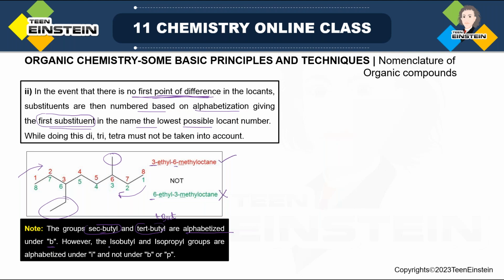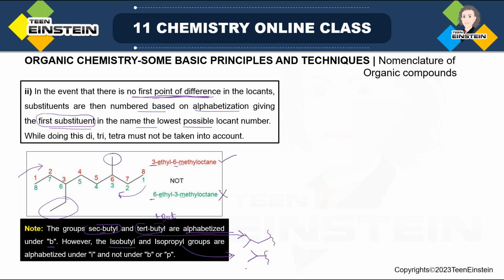When it is isobutyl, suppose instead of writing sec butyl, you are writing isobutyl. Isobutyl is like this. Total 4 carbons, obviously, because it is butyl. 1, 2, 3, 4. So this is the connection point. If it is attached with the main chain in this way, this is isobutyl. And isopropyl is total 3 carbons, and this is the connection point.